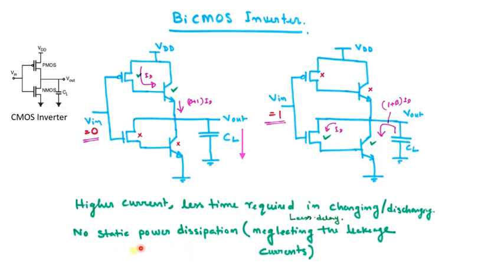So there is no static power dissipation. Obviously in this case we have neglected the leakage current component. You know that, right? There will be always some leakage current both for this MOSFET as well as this BJT. So we are now neglecting those leakage current components, but then we can say there is no static power dissipation in this type of circuit.